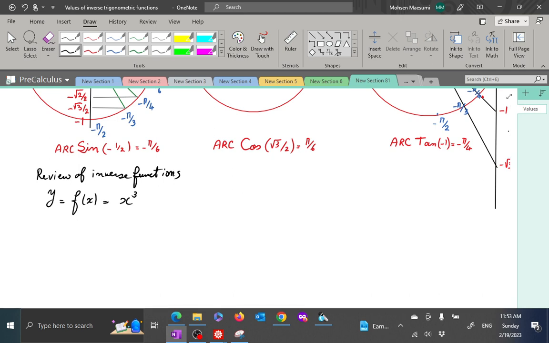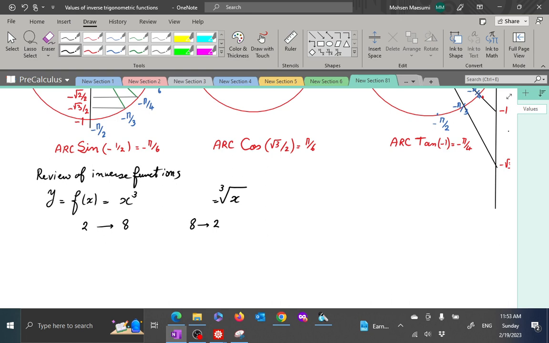What does this function do? Let's take an example. If you start with 2, of course, it's going to produce an 8 as output. Now, what function is going to do the inverse, meaning taking 8 and giving you the 2 back? Well, that's, of course, the cube root function. If I have the cube root of x, that's a function that does the job of taking an 8 in and giving a 2 out.